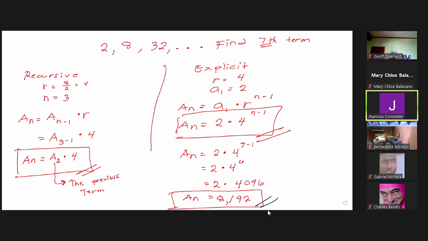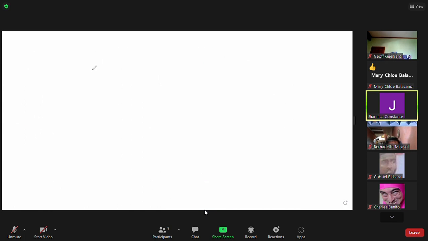Okay, let's try to find specific terms in the given geometric sequence that I'm going to write on the screen. Can I clear the screen with this one? Okay. So for example, we have this geometric sequence.